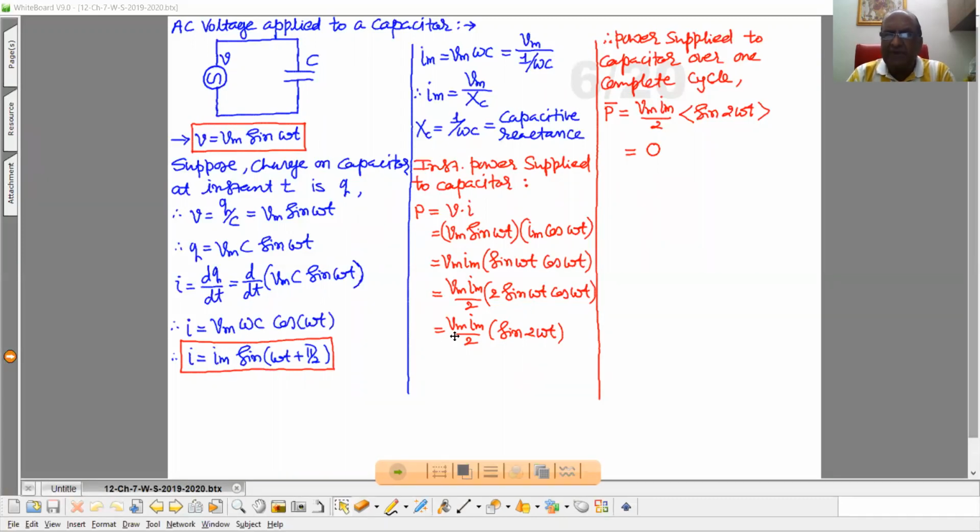So the instantaneous power is Vm Im by 2 into sin 2 omega t. Now this is the instantaneous power, but if we think about the average power supplied over one period or one complete cycle, we have to take the average of sin 2 omega t. But the average of sin 2 omega t is equal to 0.